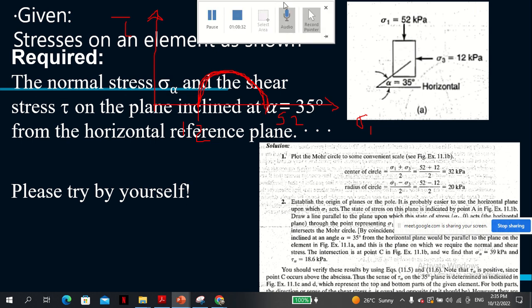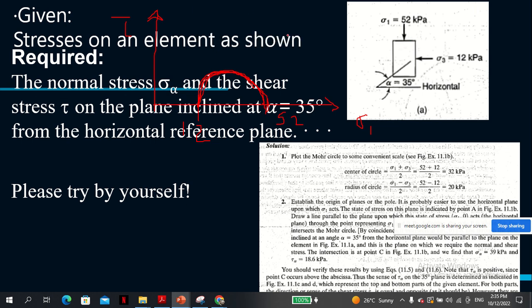You know that sigma 1 is 52, and you also know that sigma 3 is 12. Now sigma 1 is the major principal stress.